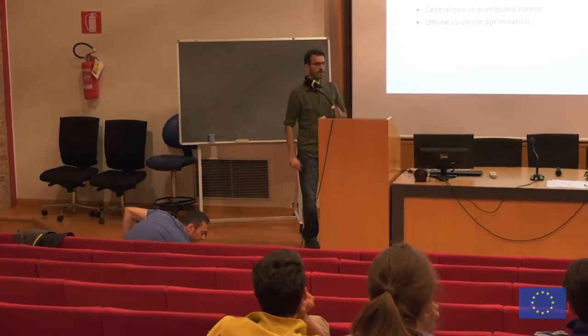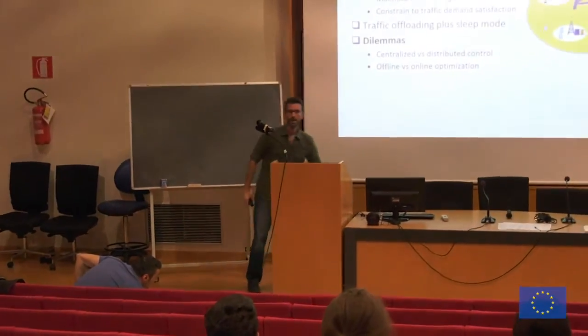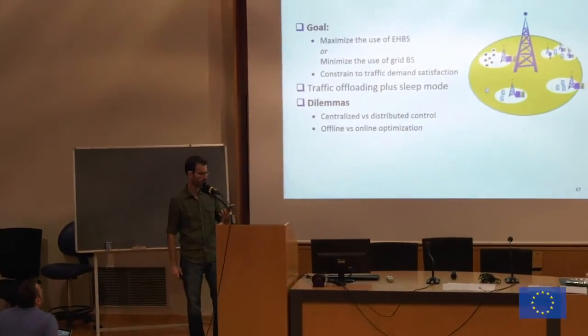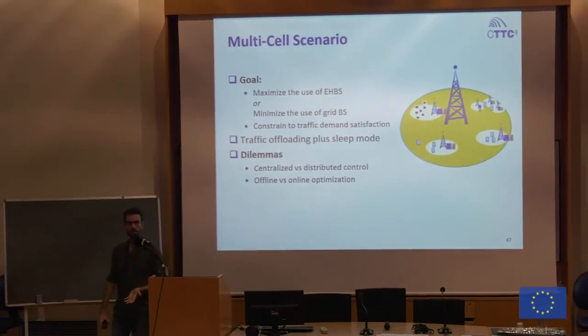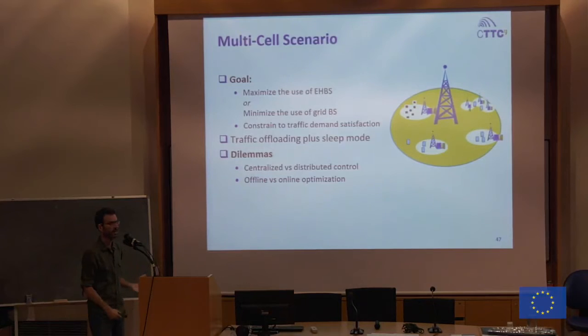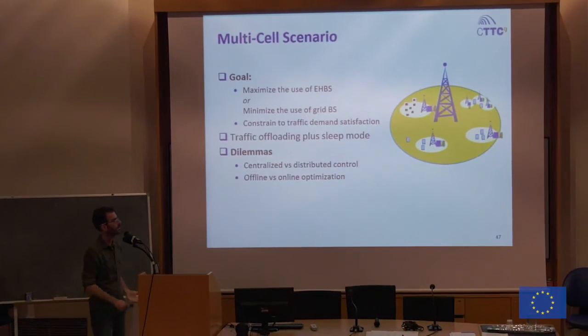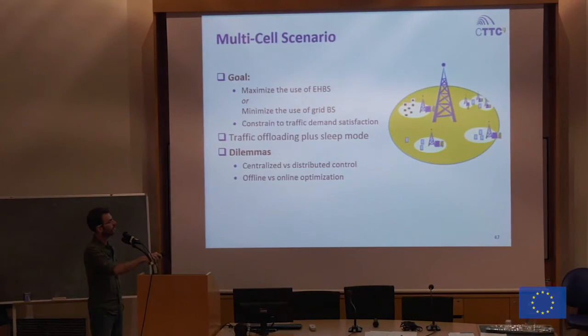So the final example that I have, and then we are going to lunch, is about online optimization and considers a multi-cell scenario. So we are referring not only to one base station as in the previous example, but to a HetNet scenario.